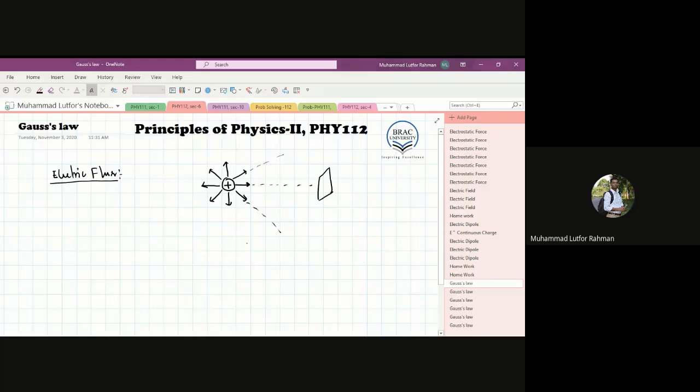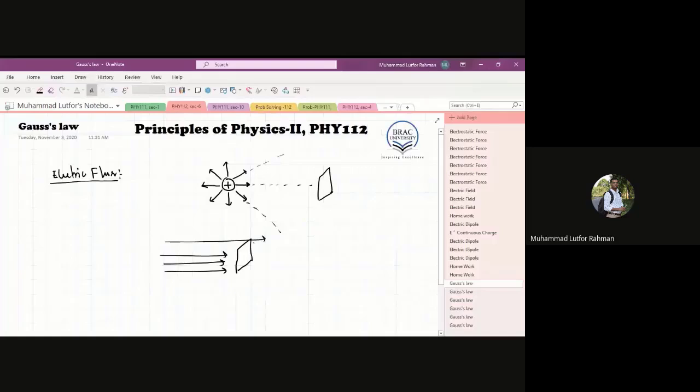So we define the electric field lines which penetrate some specific surface area as the electric flux. Remember this: say I draw a surface area, and these are the electric field lines crossing.